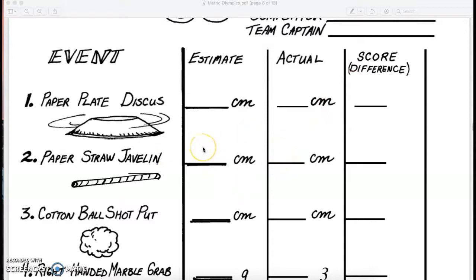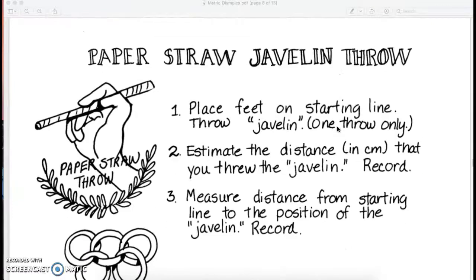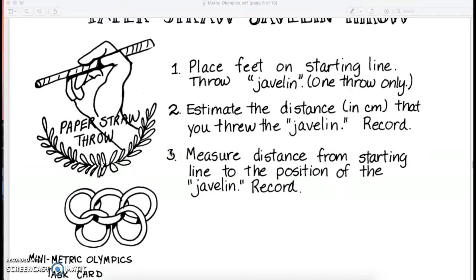In this example, the bigger number was my estimate of 200 and my actual smaller 180. So I take the bigger number, subtract the smaller number, so 200 minus 180. I'd have a difference. My score over here would be 20. And you do that for each one. Okay, so that's the paper straw javelin.